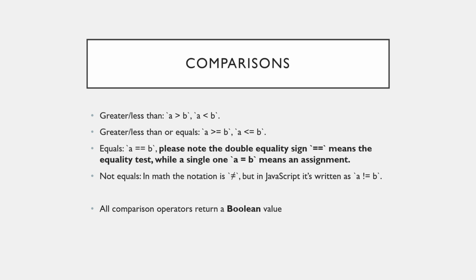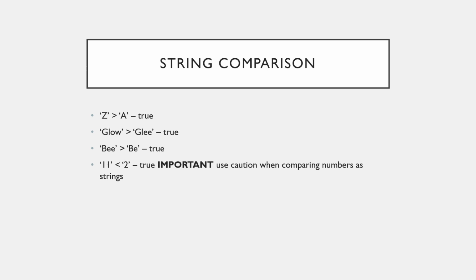Not equals is written with an exclamation point and an equal sign. And one more thing to note here, all comparison operators return a Boolean value. I think it has no exceptions, so basically every comparison returns true or false. And of course, a comparison result can also be assigned to a variable, just like any other value. So do keep that in mind as well.